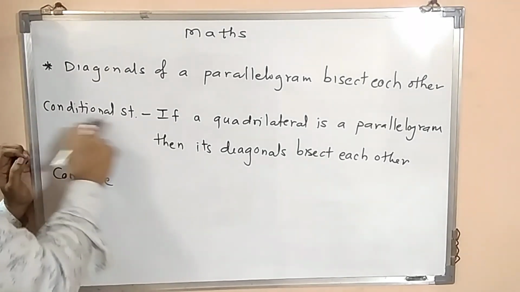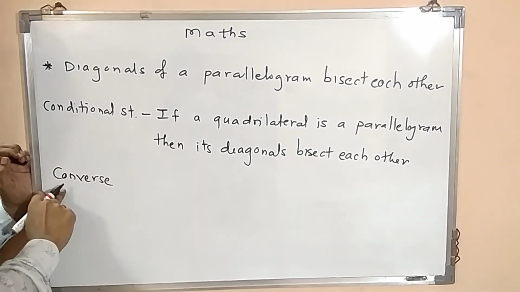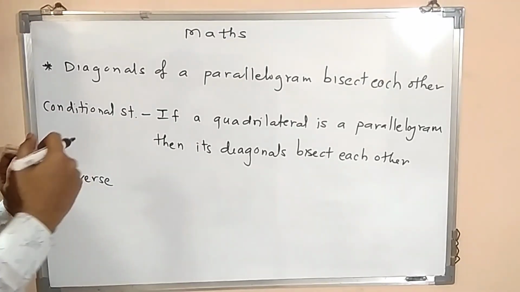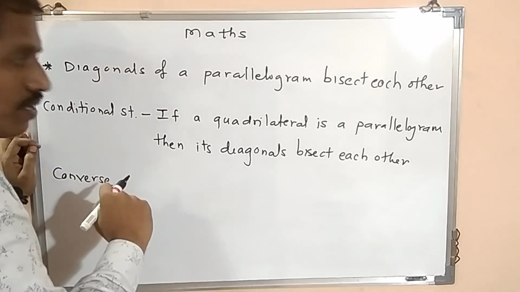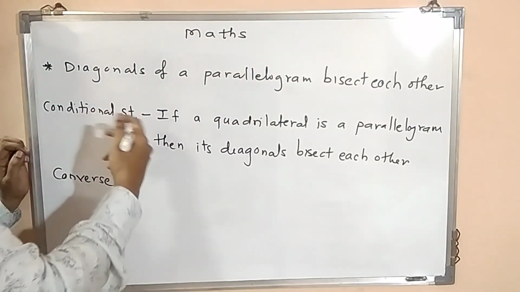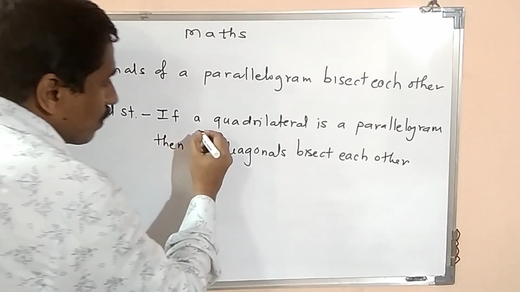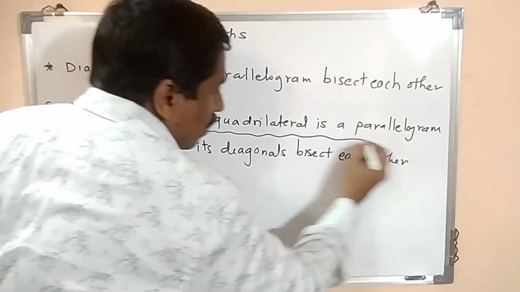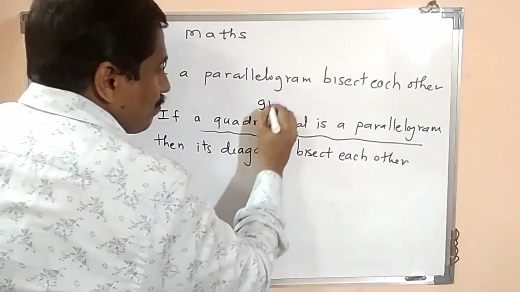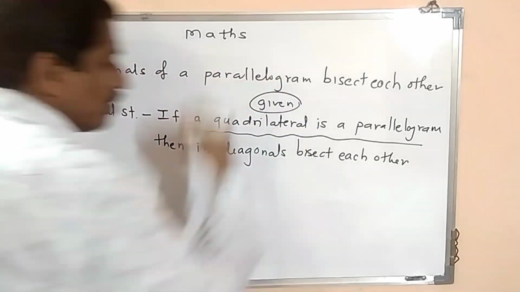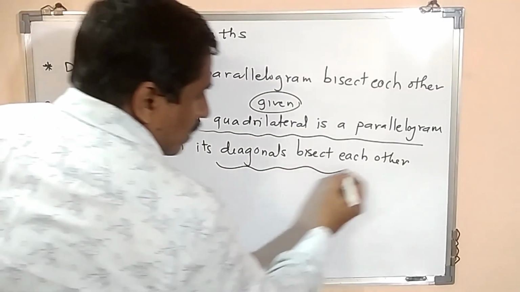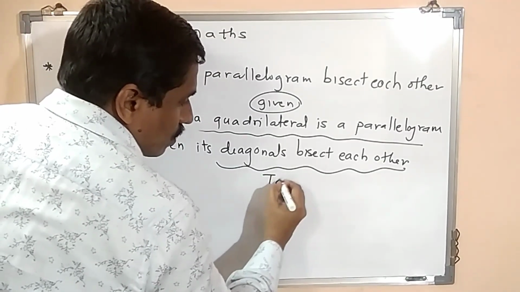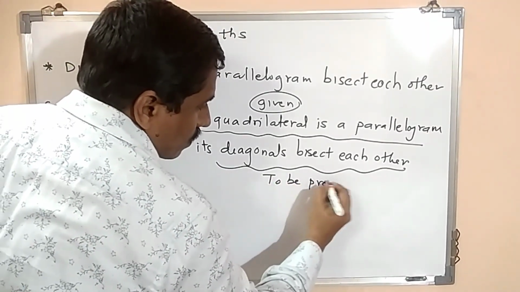This is conditional statement. How to write its converse? What do you mean by converse? First we'll identify which one is given part. Quadrilateral is parallelogram, this is given part. Diagonals bisect each other, this is to be proved part.